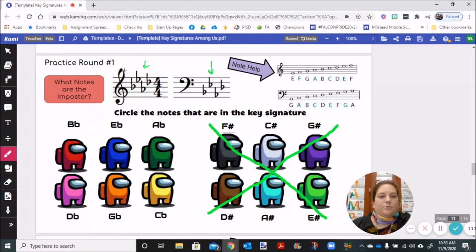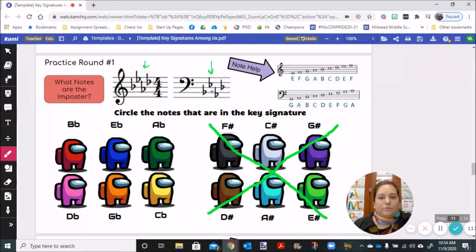Now, let's look at our actual key signature. Whenever we read music, we read left to right. So when we're looking at the symbols in our key signature, we have to look at them left to right as well. So we start off looking at the very first one, that one, or that one. I'm going to undo that so you can see it, but we're starting there. So in treble clef, we're looking at 3rd line.